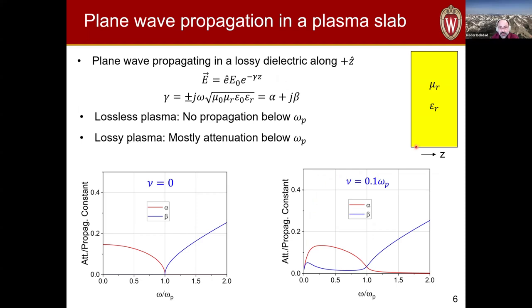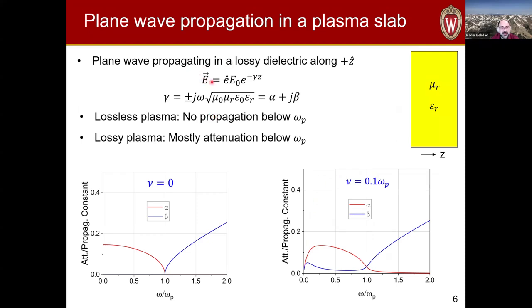Now, if you look at a very simple propagation problem, an electromagnetic plane wave propagation, imagine that I have a slab of a non-magnetic material, but with a plasma dielectric constant. So what happens in this environment?